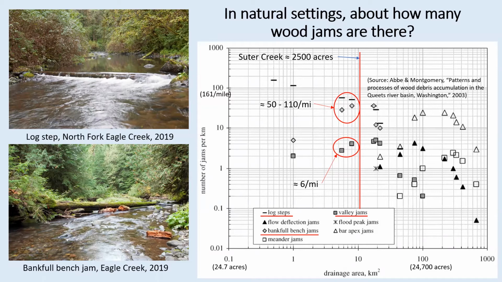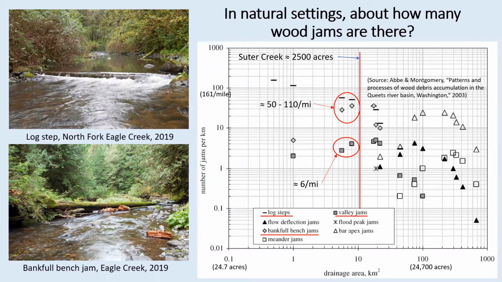And then if you look at log steps or bankfull bench jams, like I show in the photos at the left, those are denoted by the shaded triangles and those bolded dashed lines there. And so log steps, you've probably seen those pretty commonly. And if they're not a passage barrier, are often a great way to retain gravels.